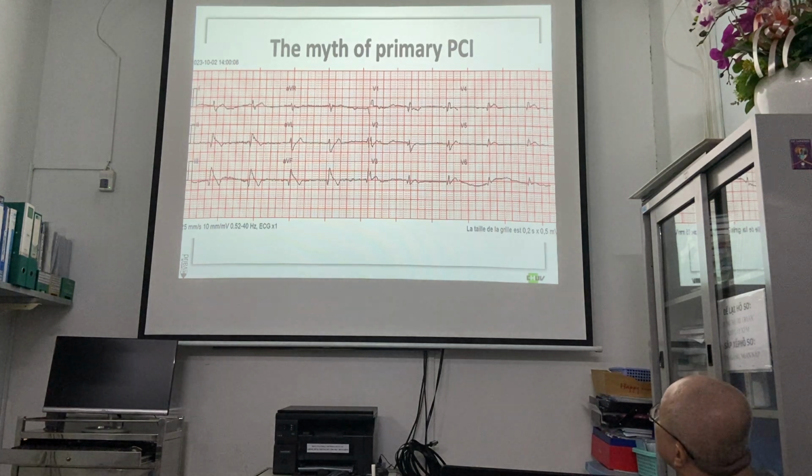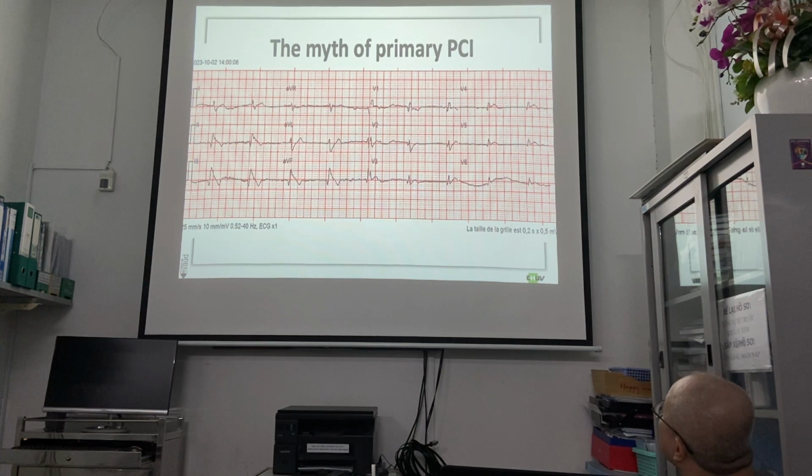Severe chest pain, very uncomfortable. It's STEMI, but where is the STEMI? Which vessel? It's difficult. No, this one is the lateral.